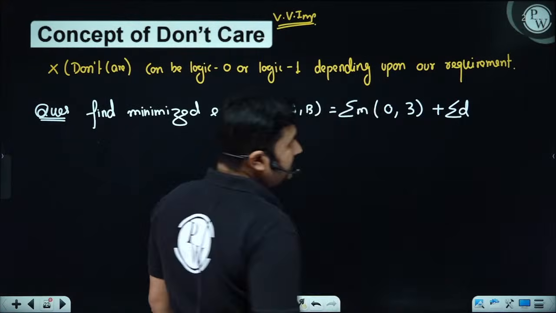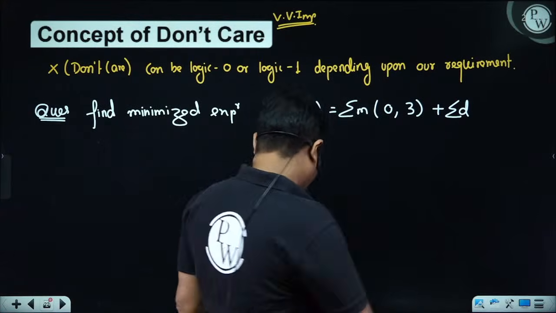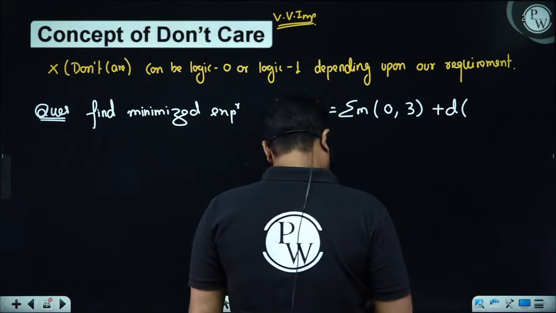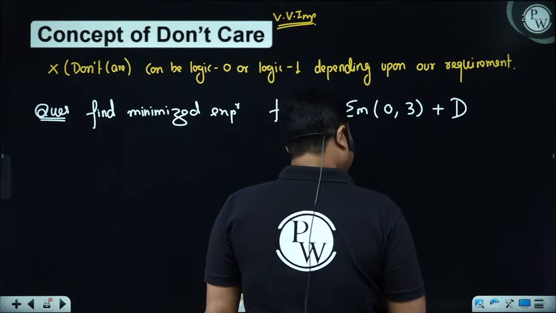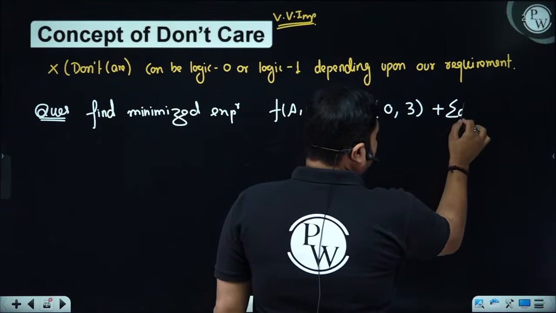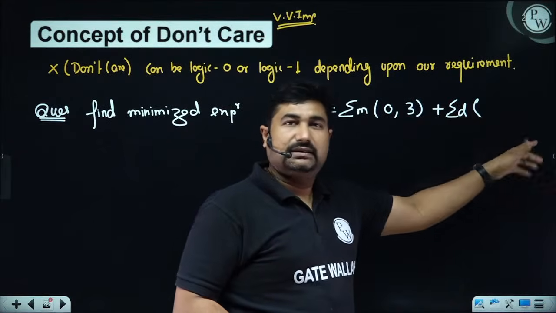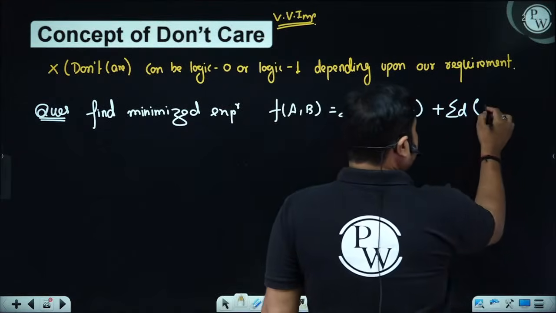Don't care is represented with this plus symbol. It can be represented as plus, then either small d, or capital D, either in this format. All are don't care. If you have a function in minterm plus anything, that is a don't care. So this don't care at 2.